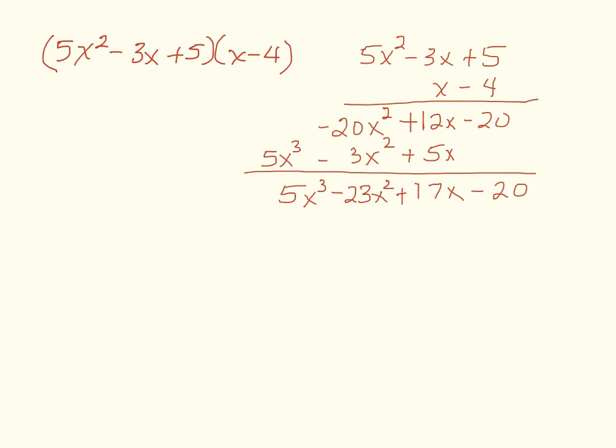All right, so this gives us an answer that's already combined the like terms. Okay, this is very, very easy, but if you understand multiplying, you have to understand the multiplying before we could ever get to the dividing of these polynomials. Good luck.